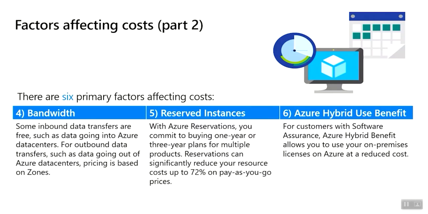Some of the ways that you can save money, first is with your reserved instances. With Azure reservations, we'll take a look at this when we go to the pricing calculator, but essentially you can commit to prepay for a 1-year or a 3-year plan for your products. And this can actually have massive savings. I've seen it up to 70-something percent.